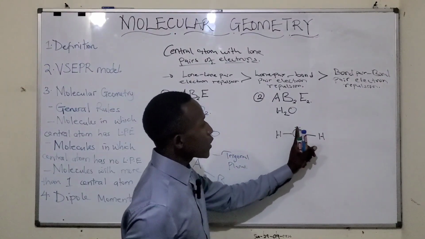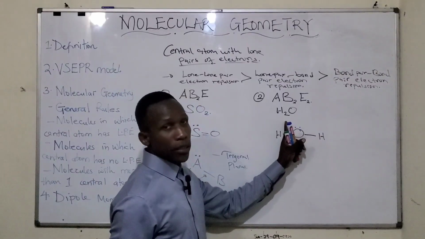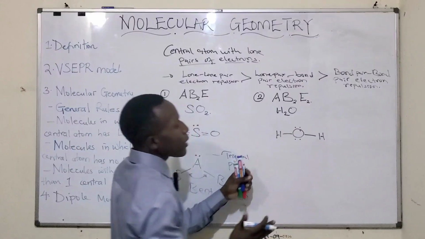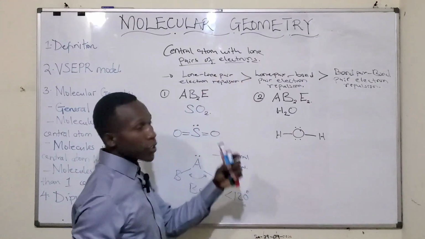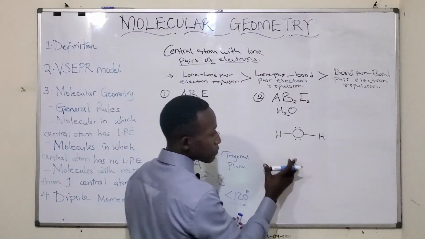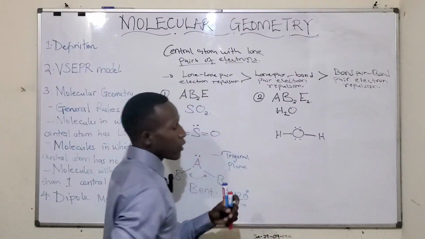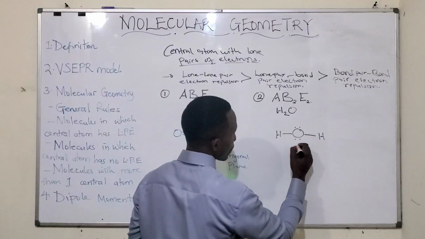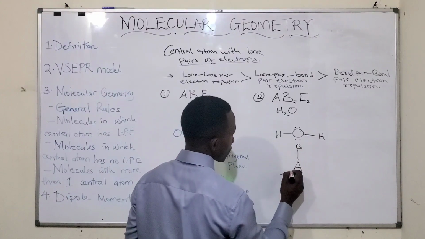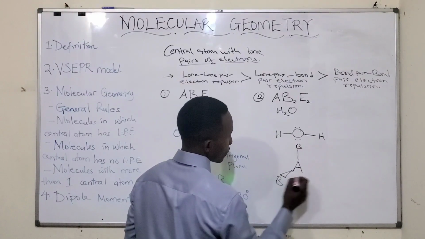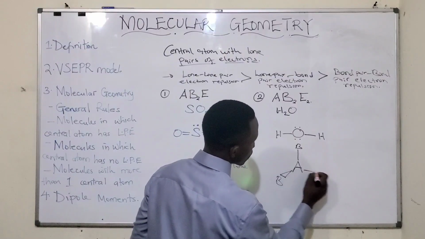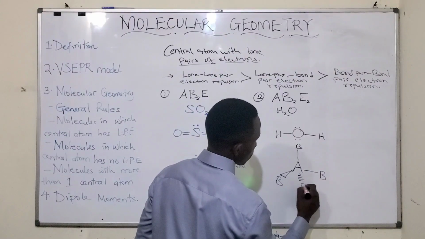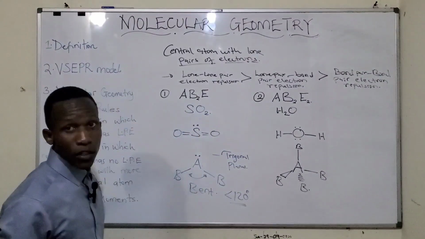So, oxygen is having 2 lone pairs remaining, which are not participating in bonding. So, remember, they are in 3 dimensions. They are not on the same plane. So, we shall have, remember, we said if an atom is attached to 4 other atoms, we shall have this structure.